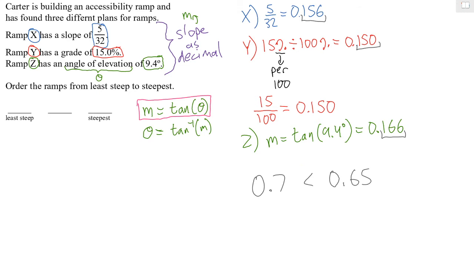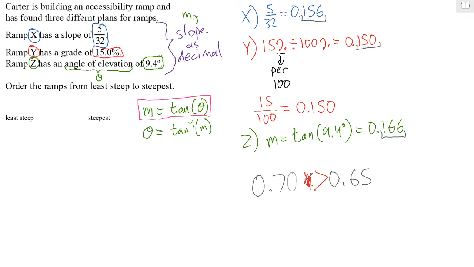And this is incorrect. The mistake that students make here is that 0.7 is actually, you can sort of fill in a 0 here. It's actually 0.70, and 70 is actually greater than 65. And so if you keep the same number of decimal places in all of your numbers, then you're going to avoid making that mistake.